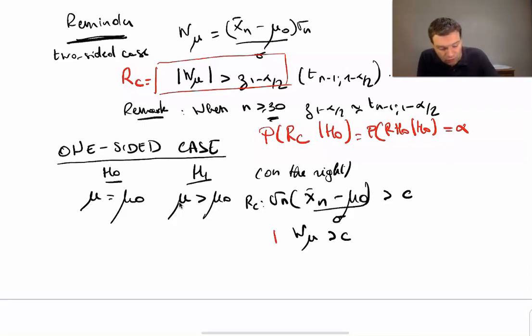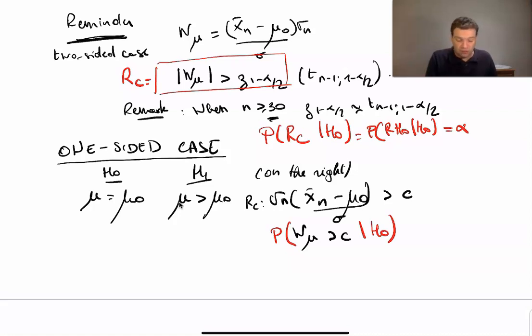That means that the probability that W mu is strictly larger than c, if the null is true, that means the probability of rejection of the null hypothesis, should be equal to alpha, or should be maximum alpha. We are going to see in some minutes why maximum alpha.